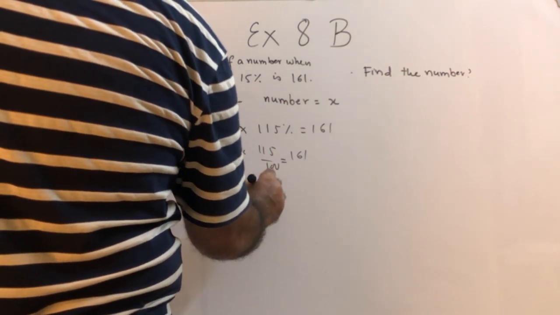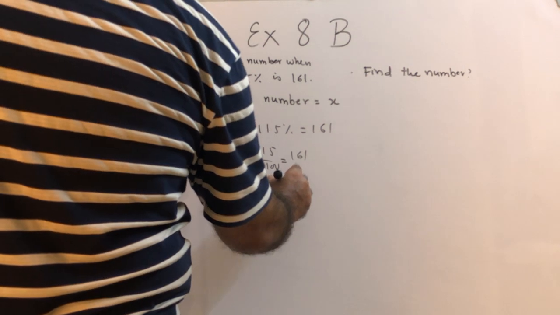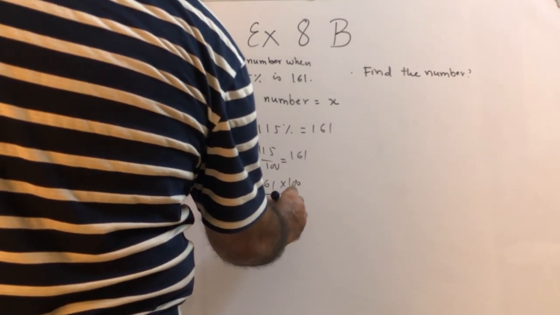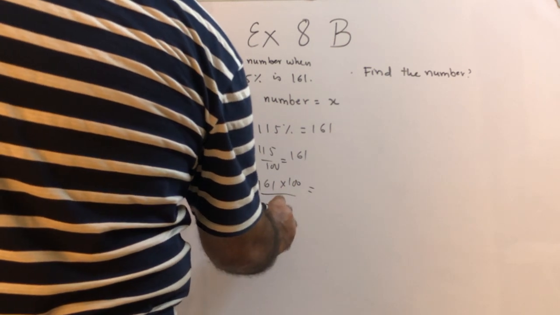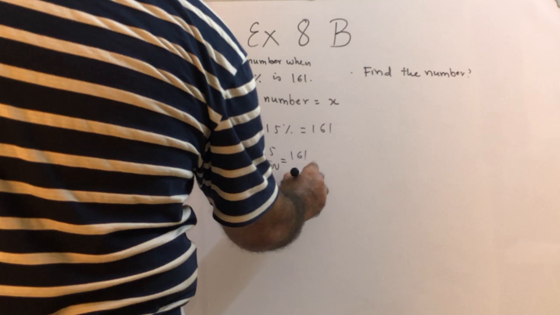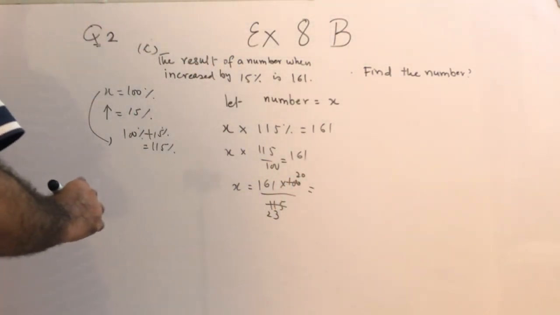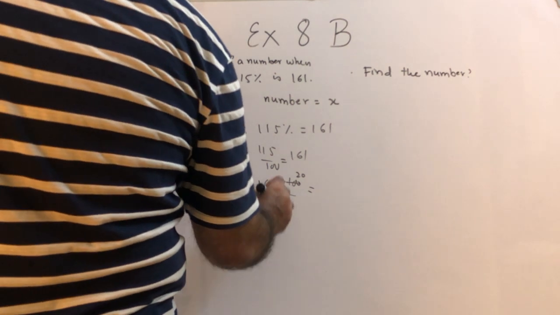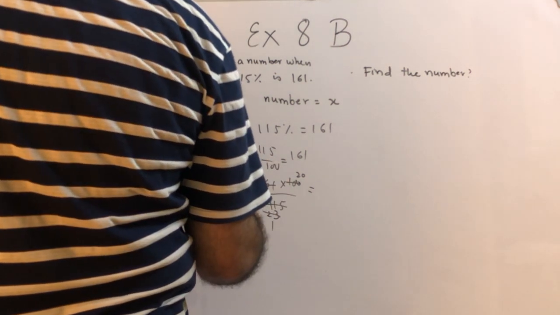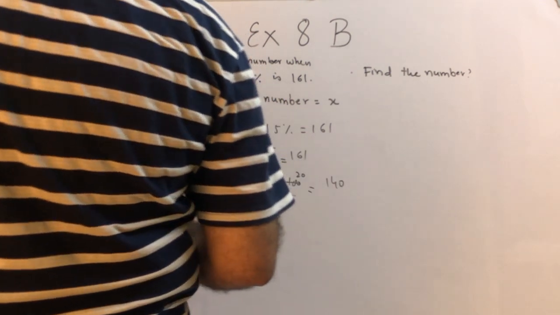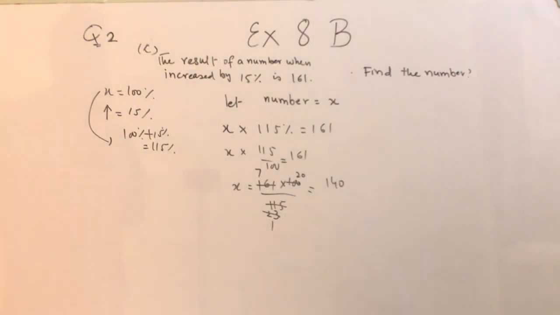X is equal to, 100 goes to this side, becomes multiply. 115 will come down. 5 2s are 10. 5 3s are 15. 20. Then 23 ones are 23, 23 7s are 161. 7 and 20 is 140. So 140 is that number. This is the answer.